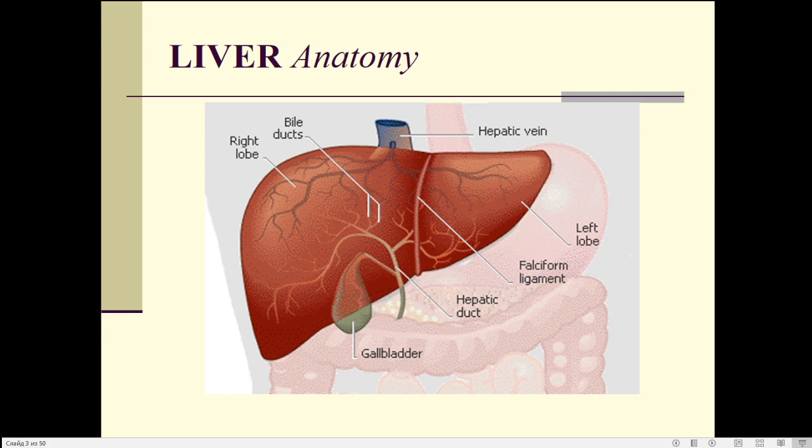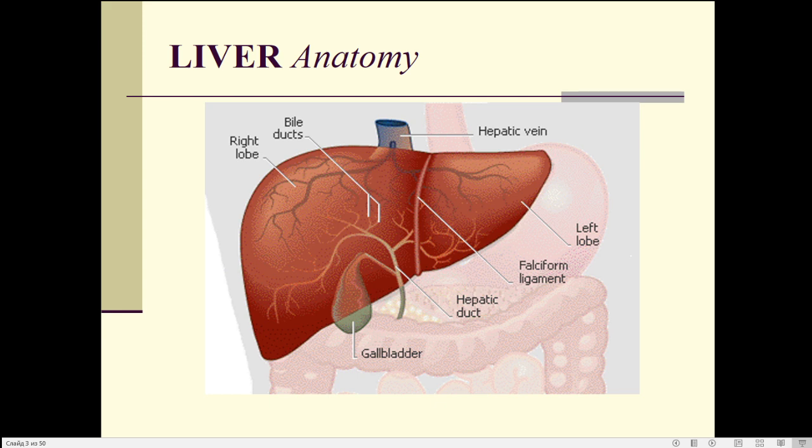Intrahepatic bile duct, right lobe, left lobe, intrahepatic bile duct, hepatic vein, falciform ligament, hepatic duct, gallbladder. The same as we said now about the pancreas, it is important to know the localization of the tumor, and the same in the liver.